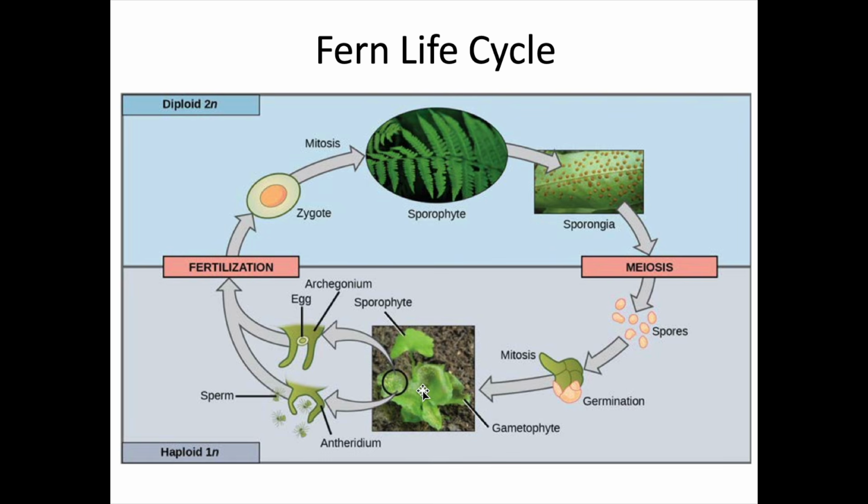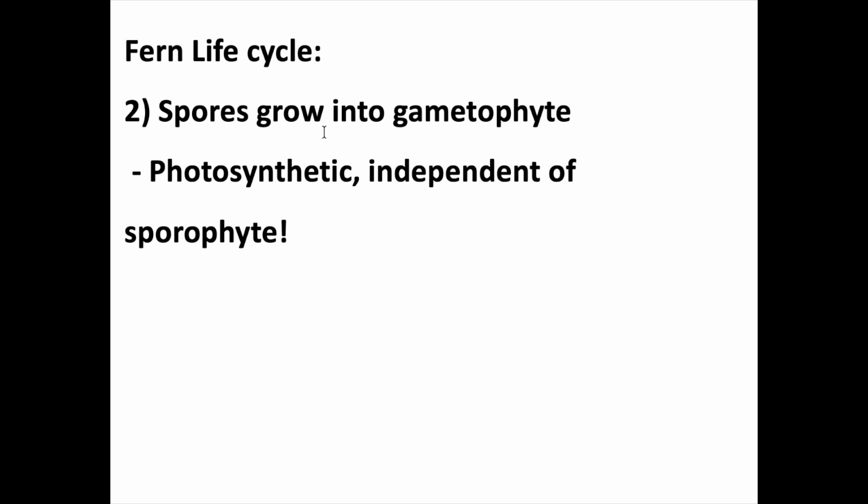But yeah, the gametophyte is capable of living and growing and dividing and doing photosynthesis completely on its own. It's still much smaller than the sporophyte when it reaches its adult size, but it's a lot more independent than the gametophytes of other plants we're going to see. So spores grow into a gametophyte, and notably, photosynthetic, exists independent of the sporophyte.